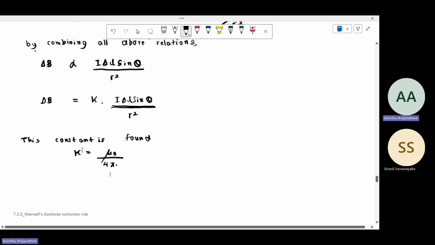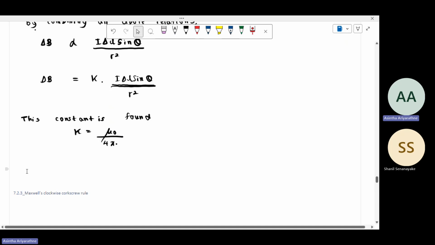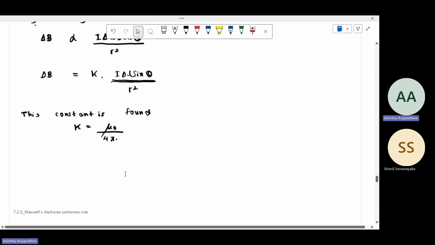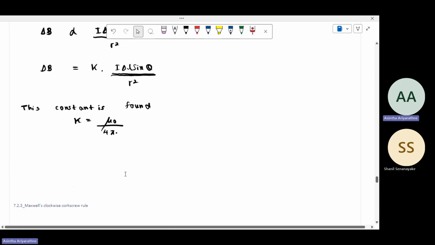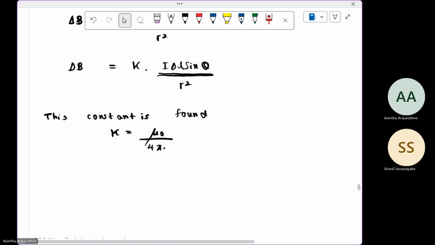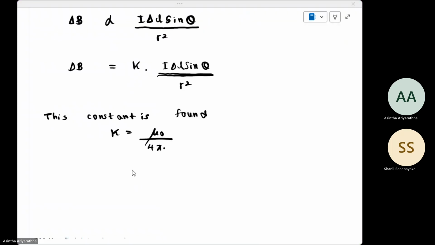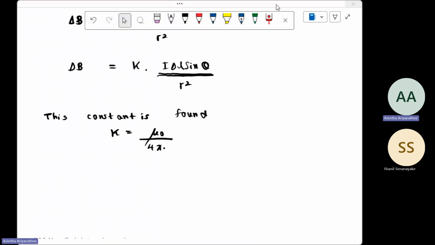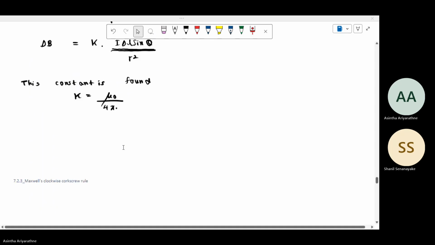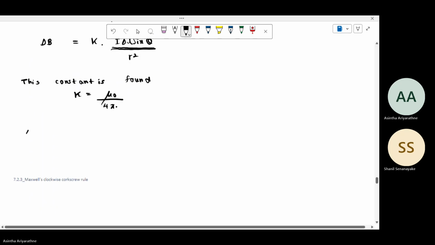Here mu naught is called the permeability of the magnetic field.